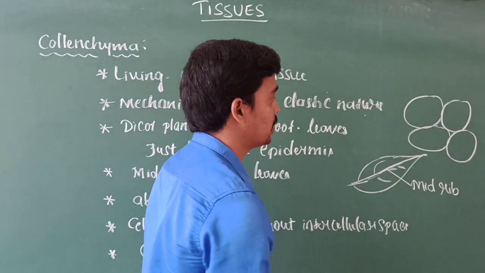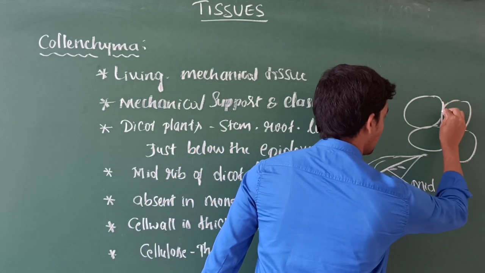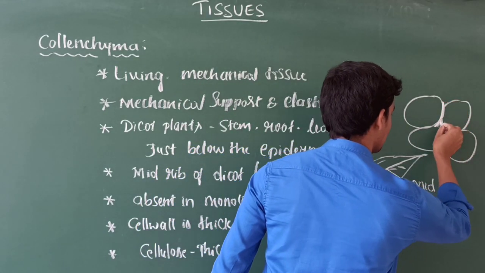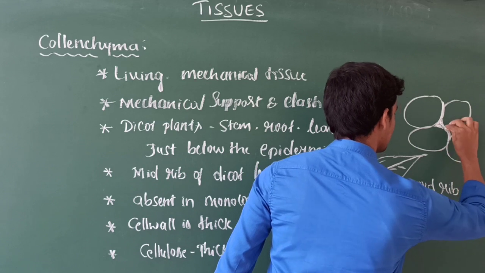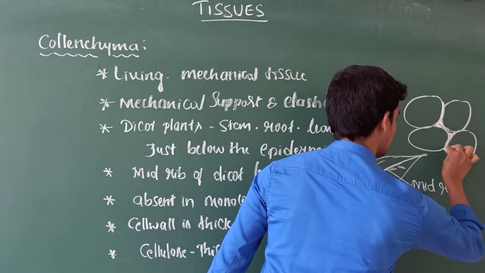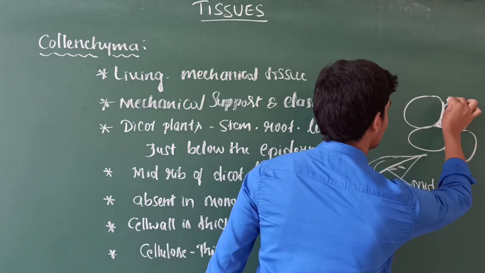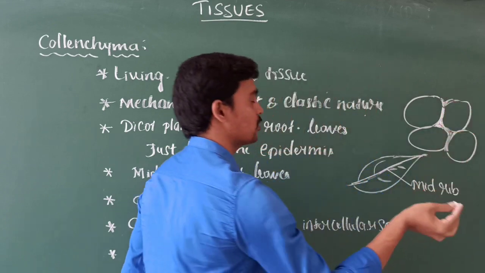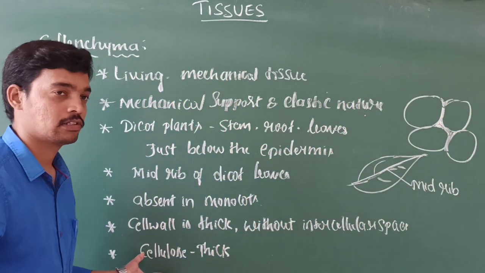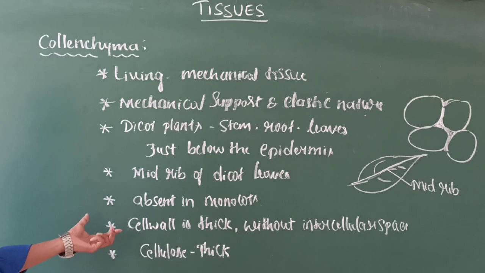These are collenchyma cells. Where the cells are joined, it shows thick deposition of the cell wall material. Here the cells become thick, so that there are no intercellular spaces between the cells. This is regarding the collenchyma.